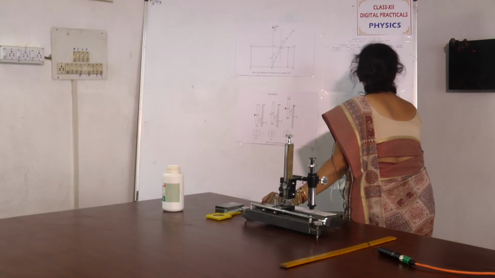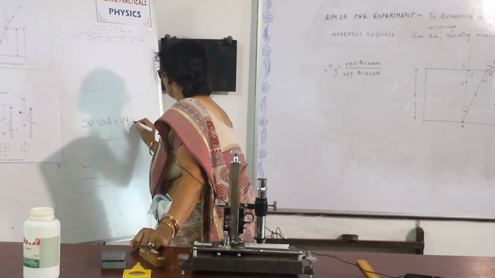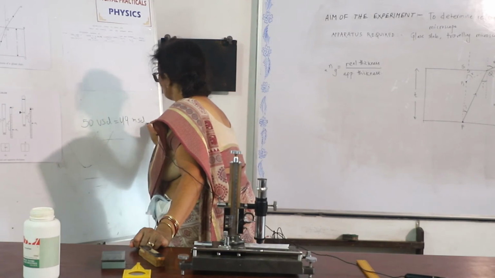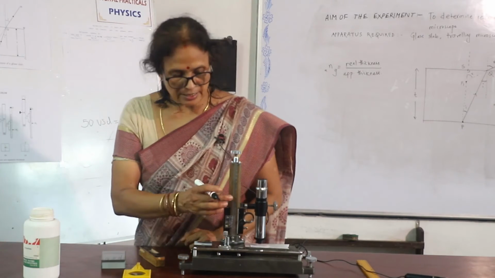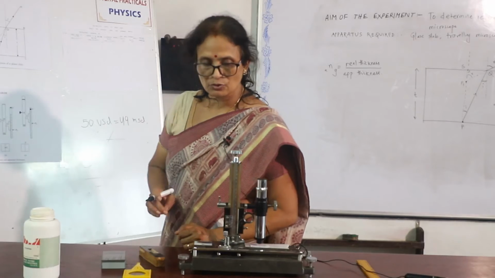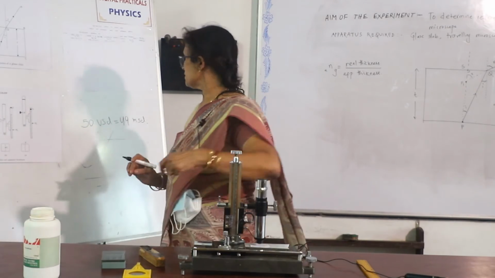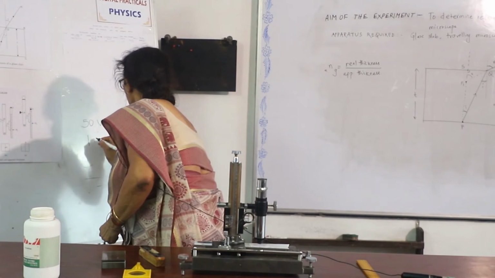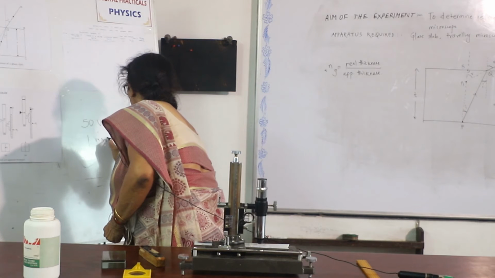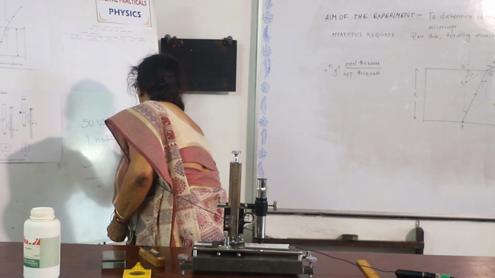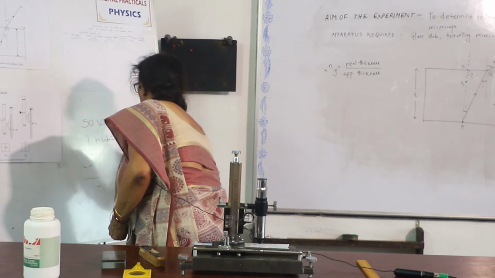That means that is equivalent to 49 main scale divisions. And on the main scale, 1 centimeter is divided into 20 subdivisions. That means 1 MSD is equivalent to 0.05 centimeter.